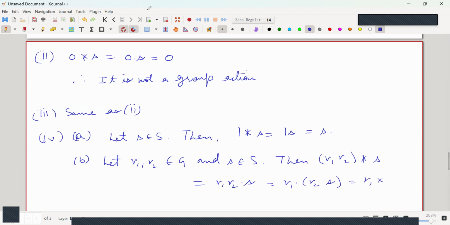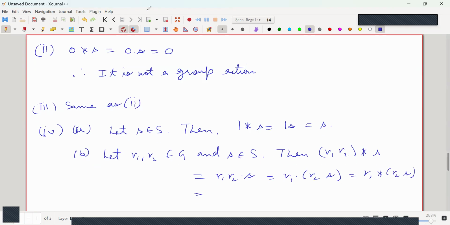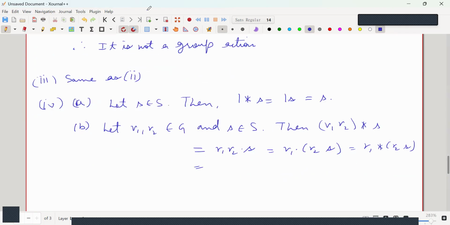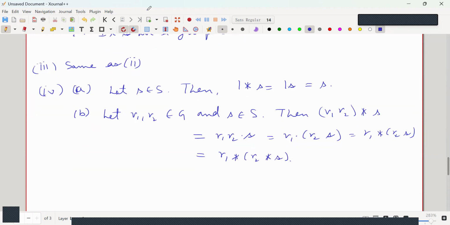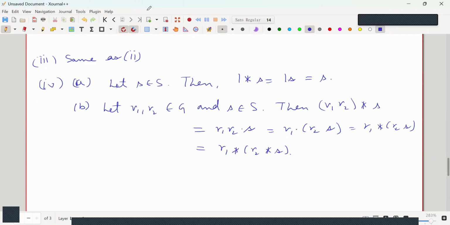That means r1 star r2 s, which is the same as r1 star r2 star s. Now this holds for any arbitrary r1, r2, and for any s, therefore this satisfies the second property, and star is a group action.